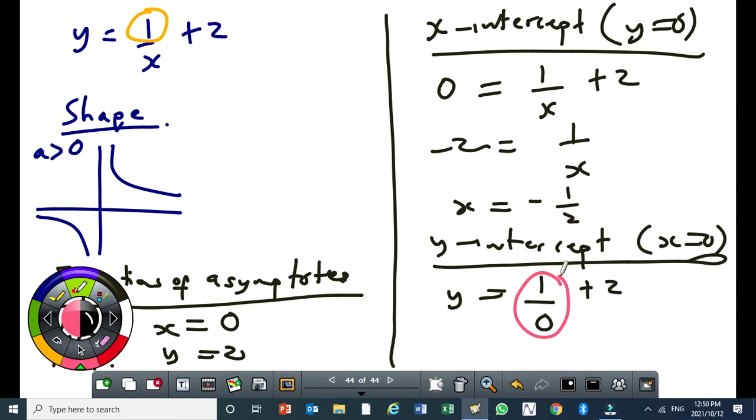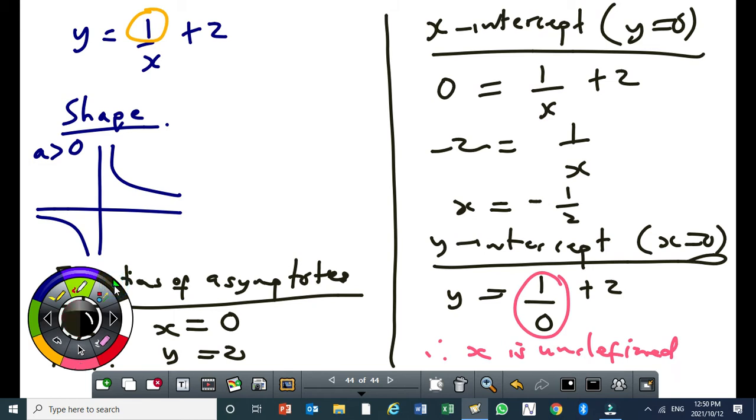Undefined. What this means is that y is undefined. Therefore, there is no what? Y-intercept. That's the reason why the grade 10 function has a y-axis which is an asymptote, because the function is undefined there. Right, now I can sketch.